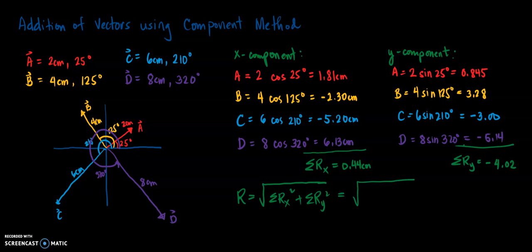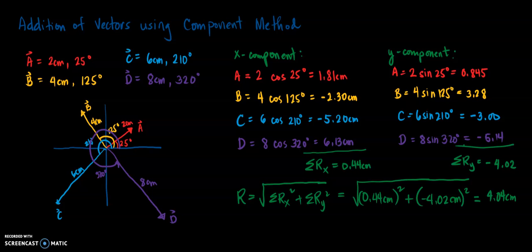Okay, and that is equal to the square root of (0.44 centimeter) squared plus (negative 4.02 centimeter) squared. And this is equal to 4.04. That is only the magnitude of the vector R.